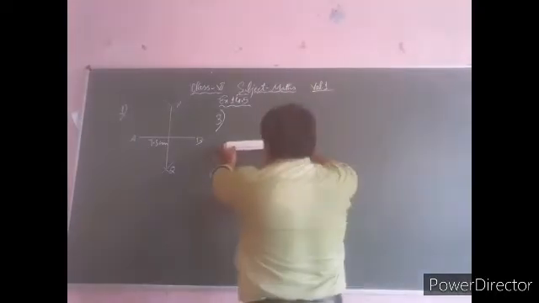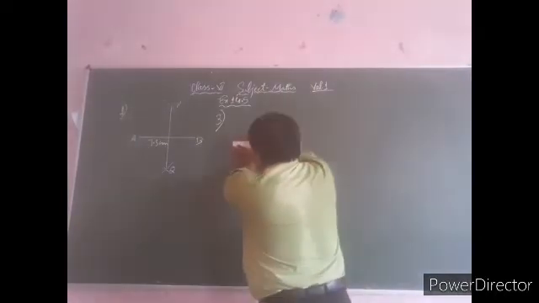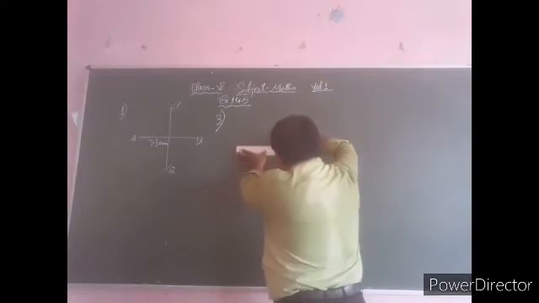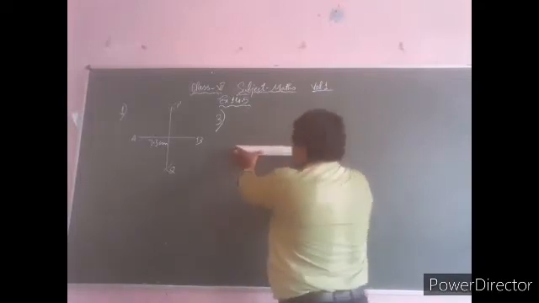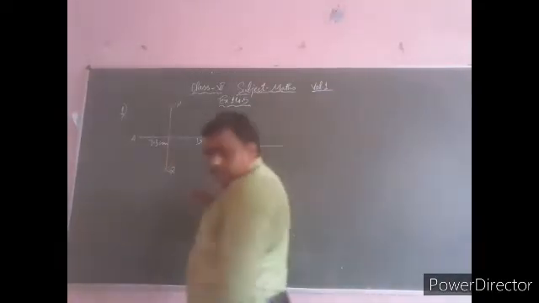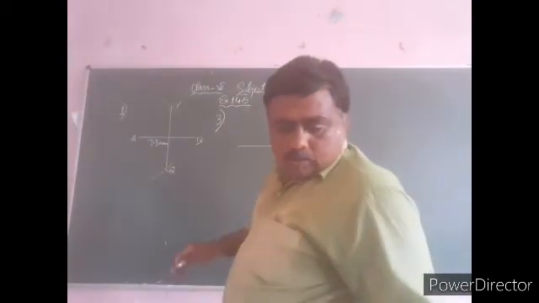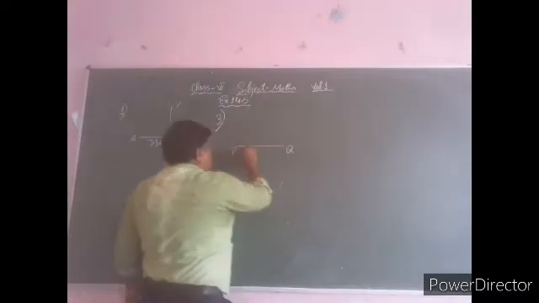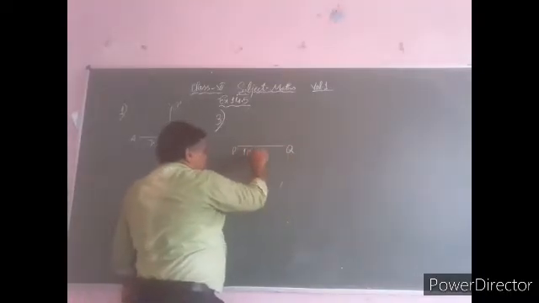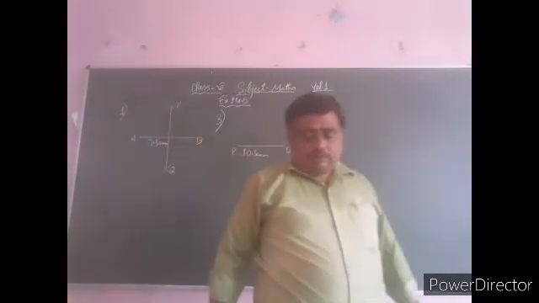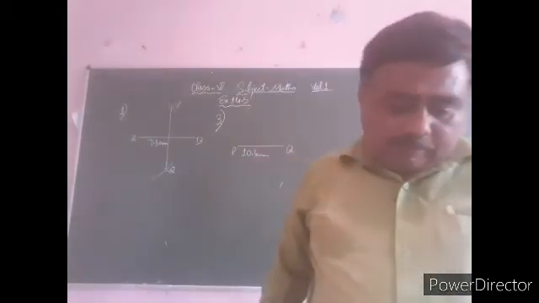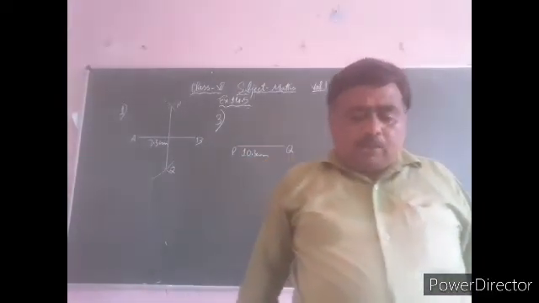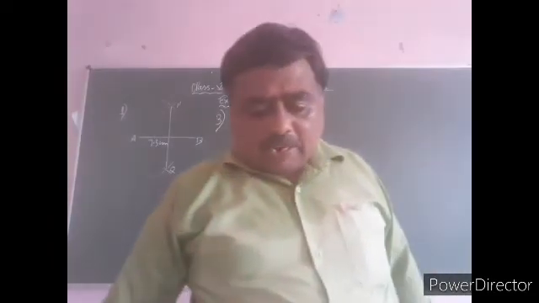So draw a line PQ which is 10.3 centimeters. Now it is said, take a point P on the bisector drawn.